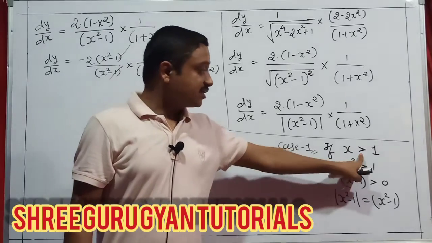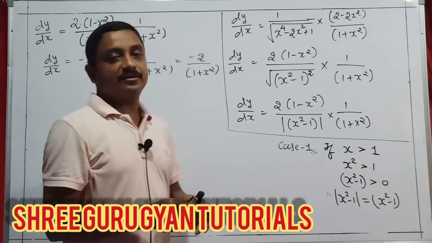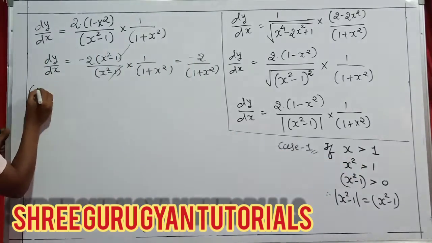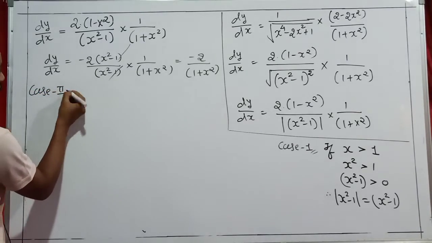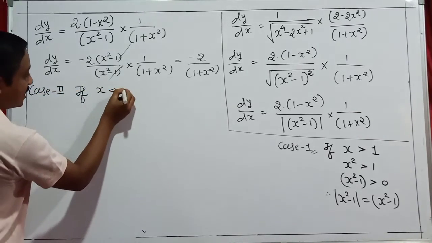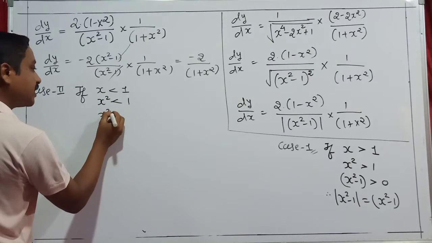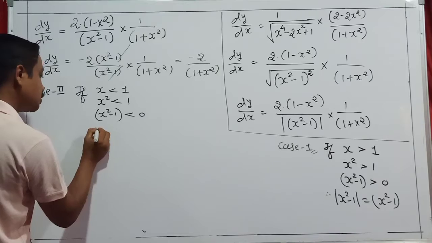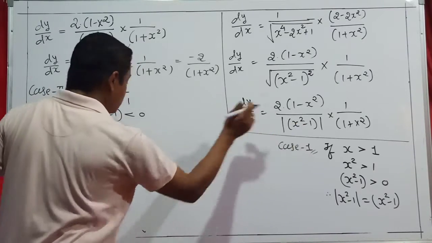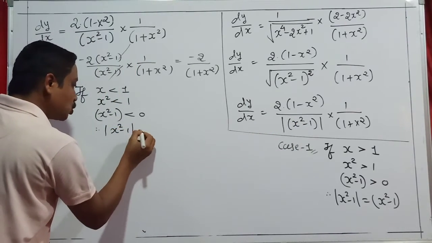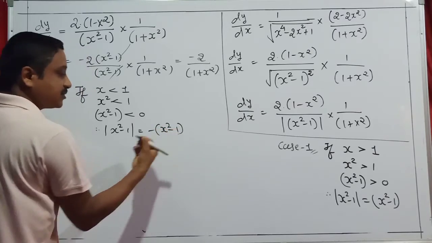Now students, this answer I take on the negative side, so a different answer comes. So I take case 2: if x less than 1, so x square less than 1, x square minus 1 less than 0. So for this modulus of x square minus 1, I show minus of x square minus 1.